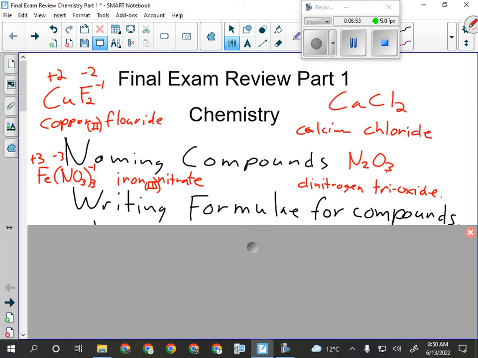Okay, where are you going to see naming compounds on your final exam? There's a couple of multiple choice questions about naming compounds, but most importantly, it's in the written. The written response part of the final exam that has to do with chemistry is set up almost exactly the same as your unit exam. There are three or four balancing reactions, where it's just here's a reaction, fill in the blanks and balance it.